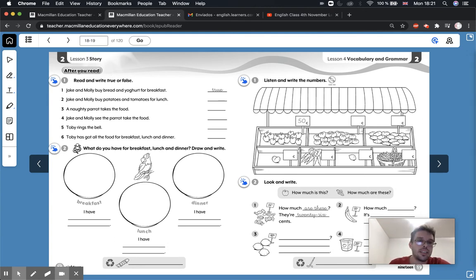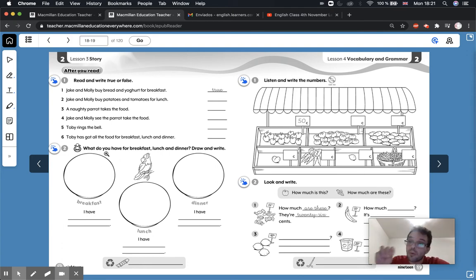Now, let's have a look at exercise 2 on the page. Now, this is for you, okay? It says, what do you have for breakfast, lunch, and dinner? ¿Qué comes vosotros para breakfast, desayuno, lunch, comer, and dinner, cenar?